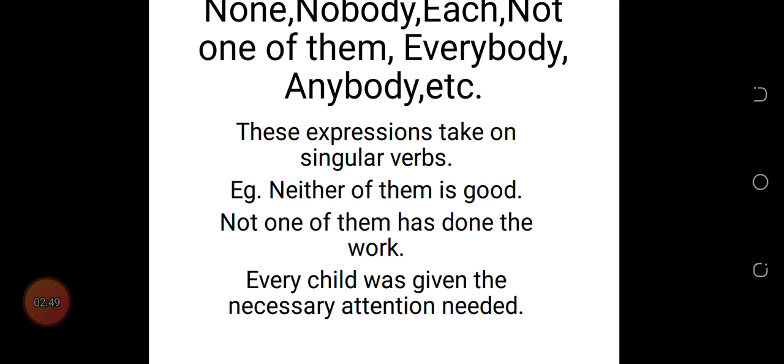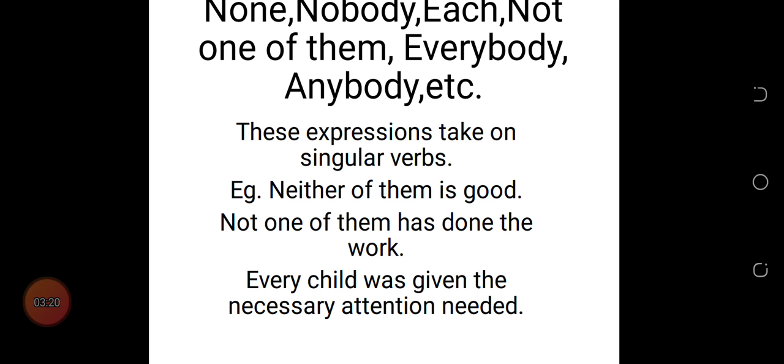When we use a word like not one of them, the verb that should follow, be it a main verb or an auxiliary verb, should be singular. When we use every, the verb that follows should be singular.